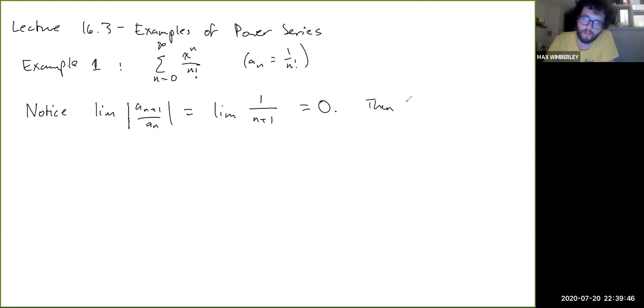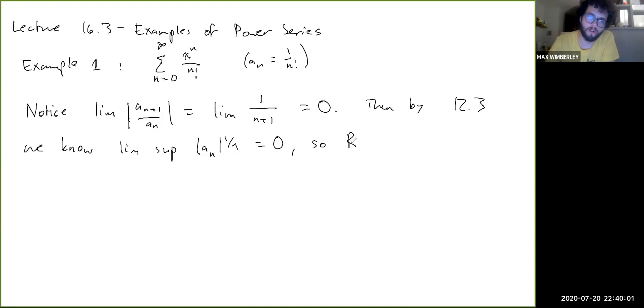So by 12.3, we know that the lim sup of a_n to the 1 over n is 0, so R is plus infinity, right? Because R is just supposed to be 1 over this, and the convention, of course, is that if this is 0, then R is just plus infinity.